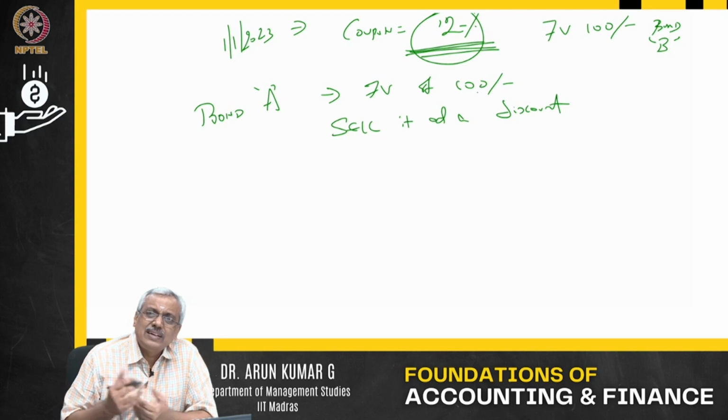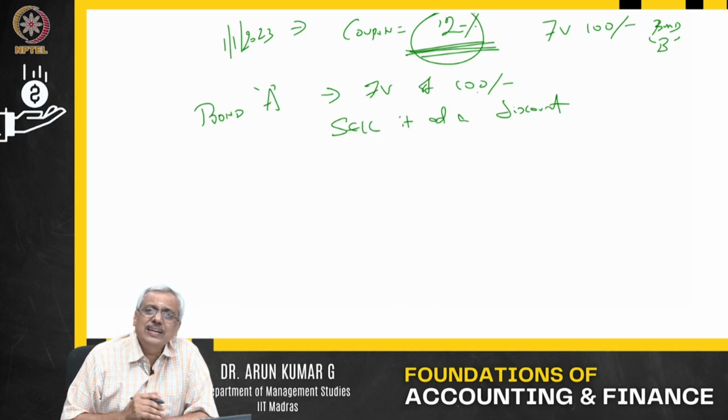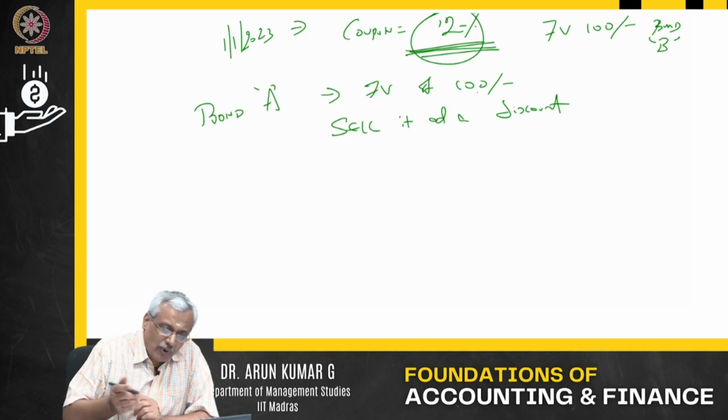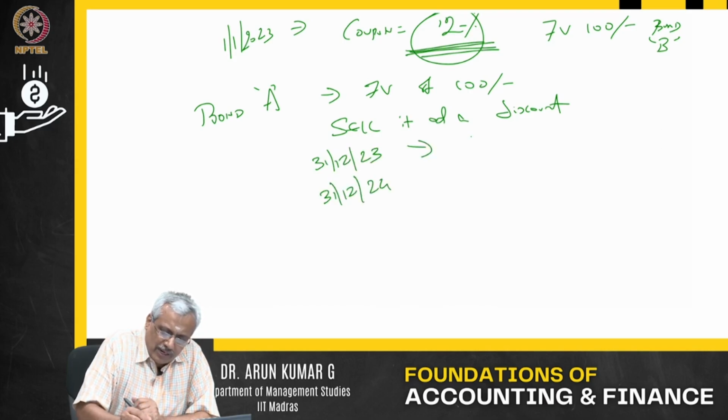So now I am buying the bond and he is desperate to sell. He will have to sell it to me at a price lower than $100. Why? Because what am I going to get? For example, on 31/12/2023 or 31/12/2024, what do I get?